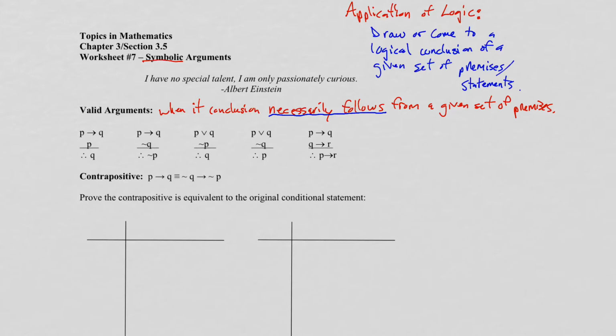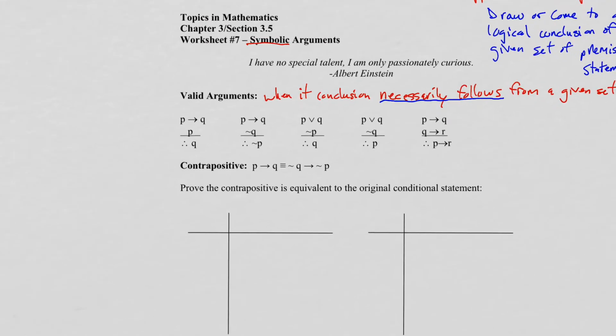An invalid argument would be the opposite, a conclusion that does not necessarily follow from a given set of premises. So basically, these are arguments with conclusions.